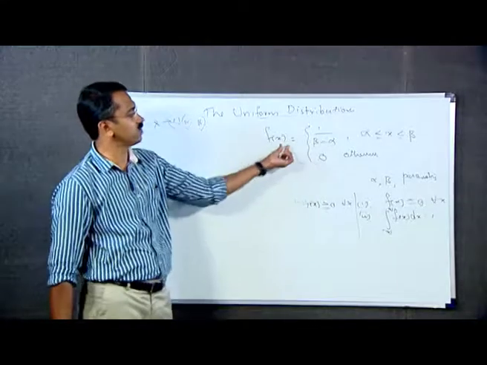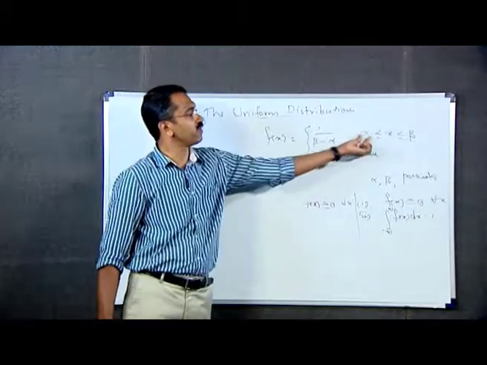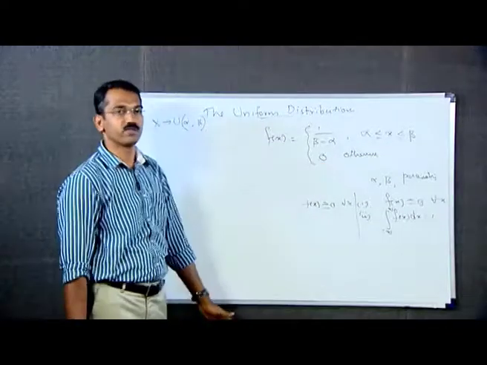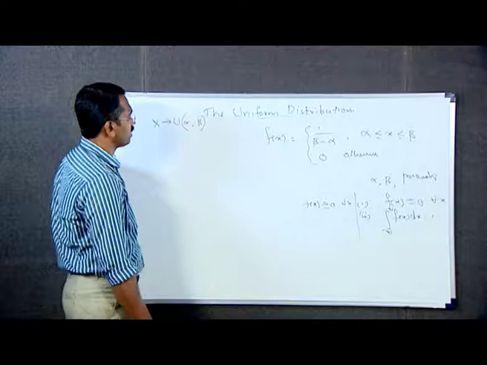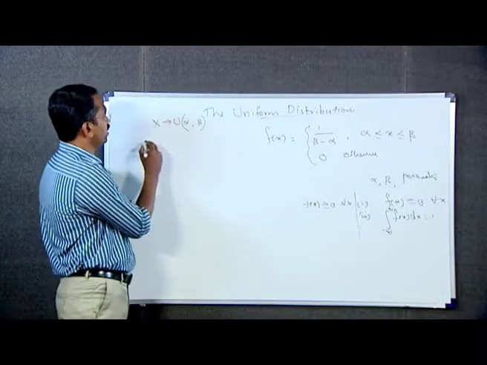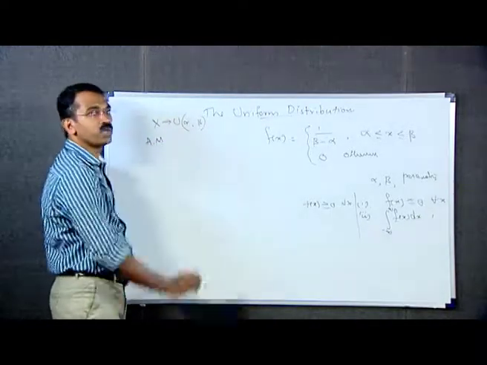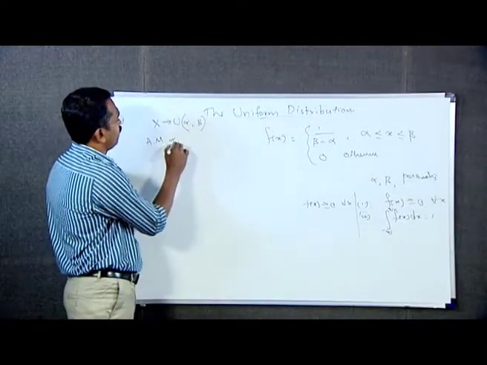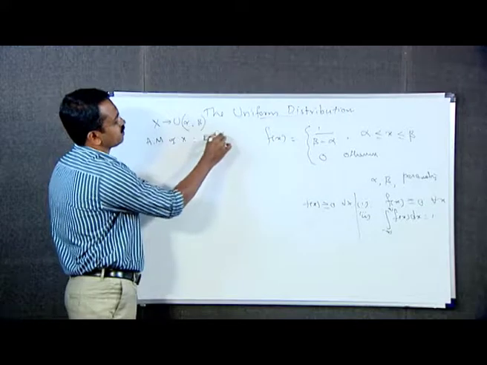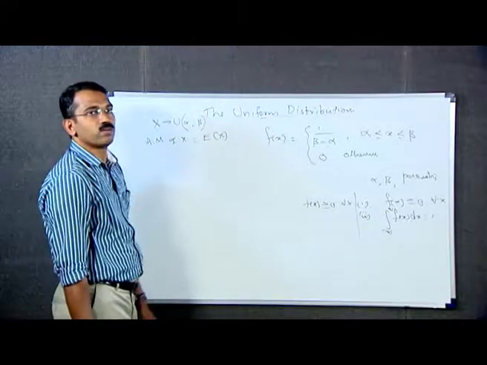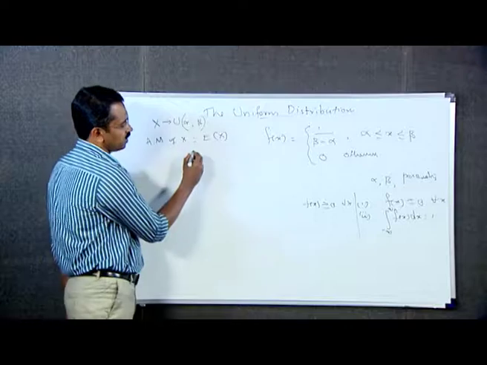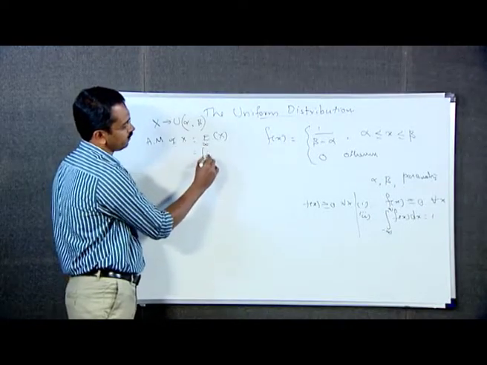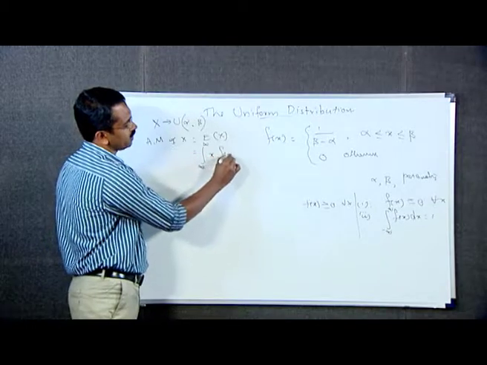Then f of x is 1 by beta minus alpha for alpha less than or equal to x less than or equal to beta, and f of x equal to 0 otherwise. Therefore, the arithmetic mean, simply the mean of x, is the expectation of x. By the definition of expectation, it is integral from minus infinity to infinity x into f of x dx.